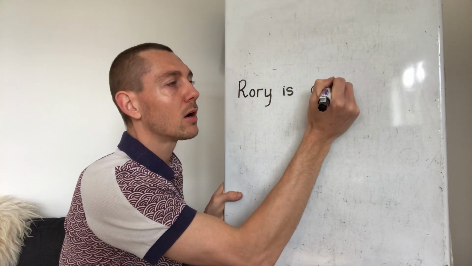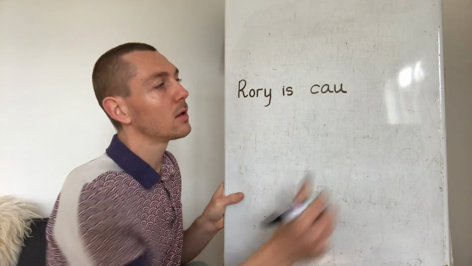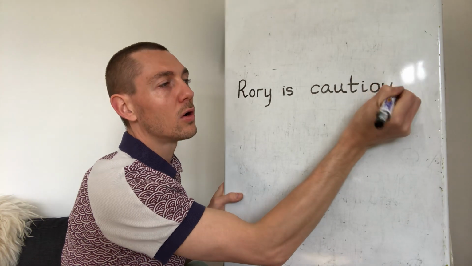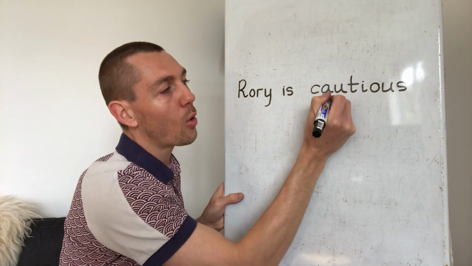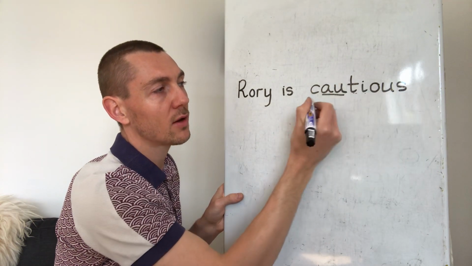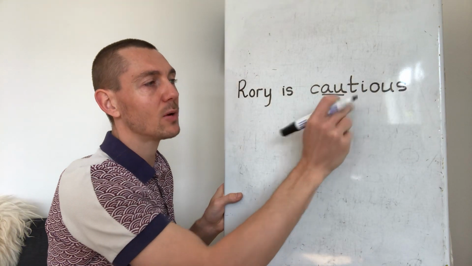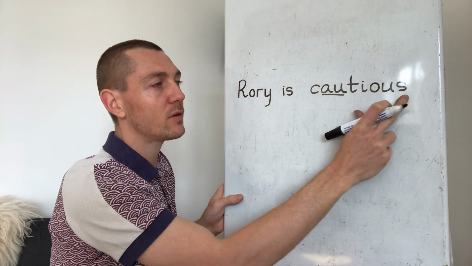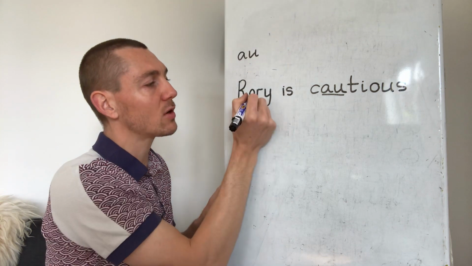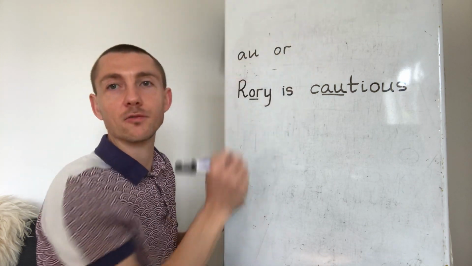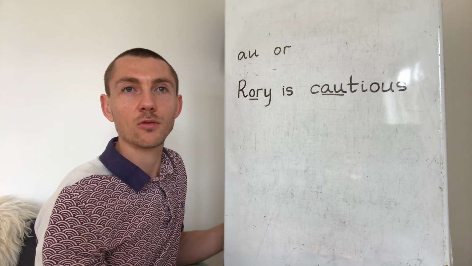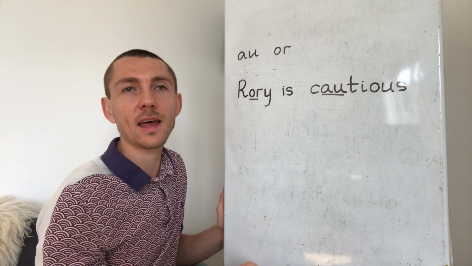K, or, S, K, or, cautious. Cautious. Now don't worry if you weren't sure how to spell that word. Just adjust it now if you need to. So far we've got the AU spelling there in cautious, and we've also got the OR spelling in Rory's name, haven't we? Rory is cautious. Why? Rory is cautious because they have.